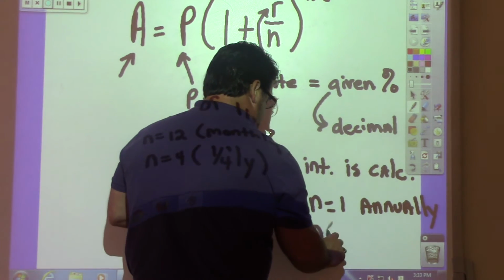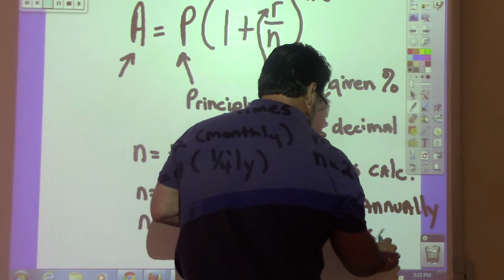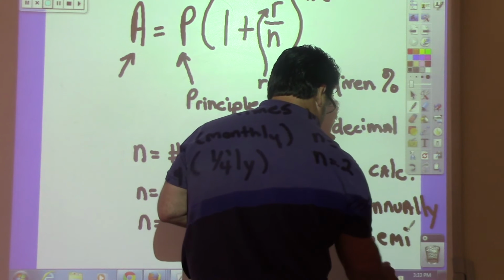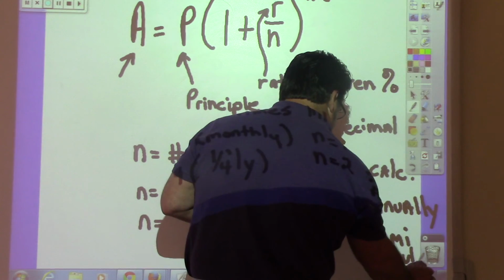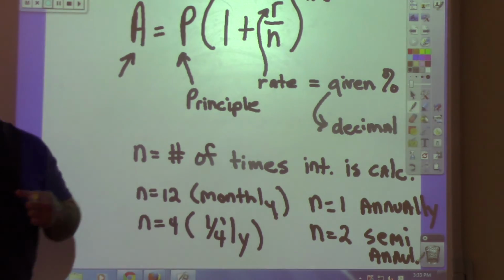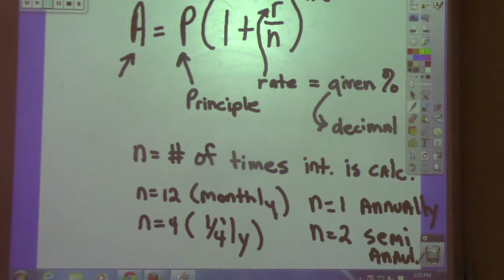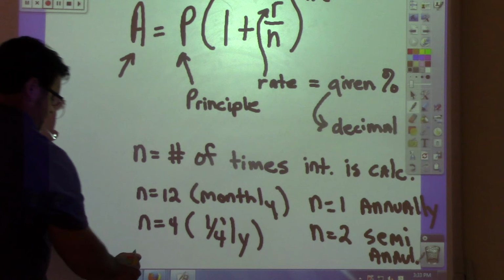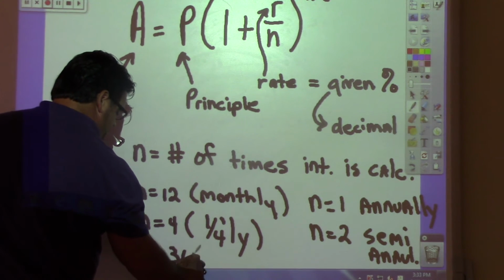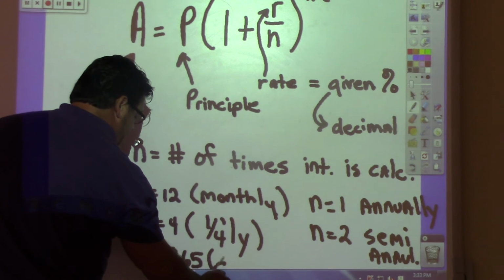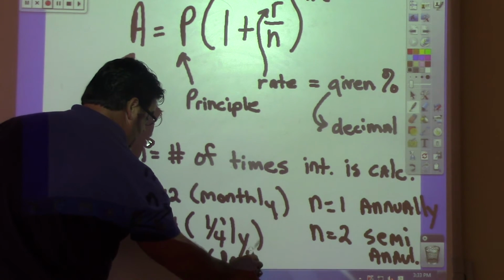What about N equal to 2? Semi-annually. What about daily? 365. Weekly? 52.